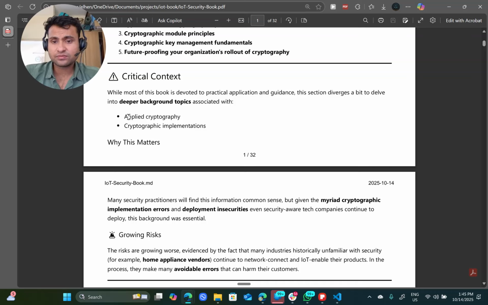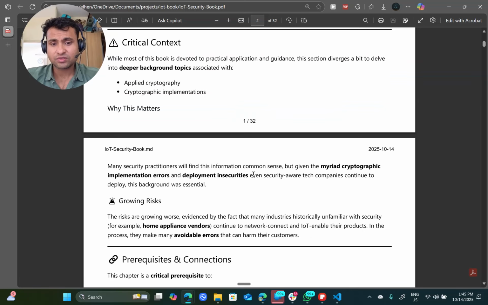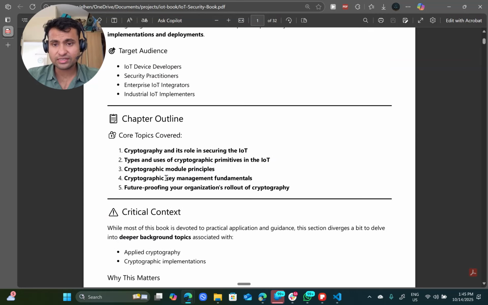But given the vast spectrum of students attending this course, it's important that we deal with these background topics of applied cryptography and cryptographic implementations, because even a small mistake which can be avoided at the level of any company making a consumer grade IoT device can ultimately lead to harm to their customer if they are not careful in this. So this is the growing risk now.